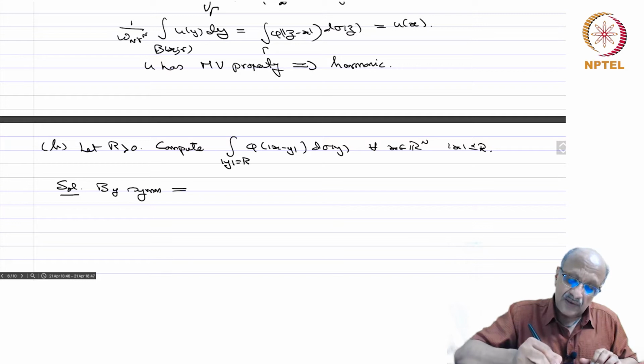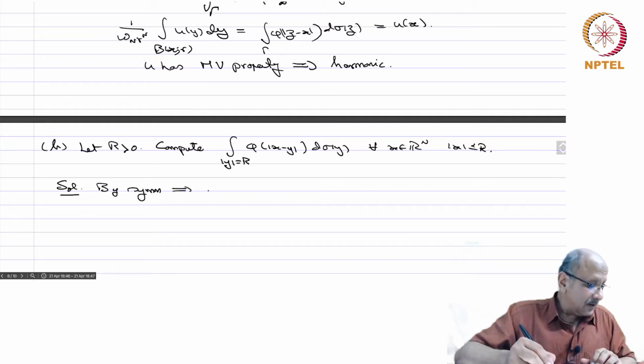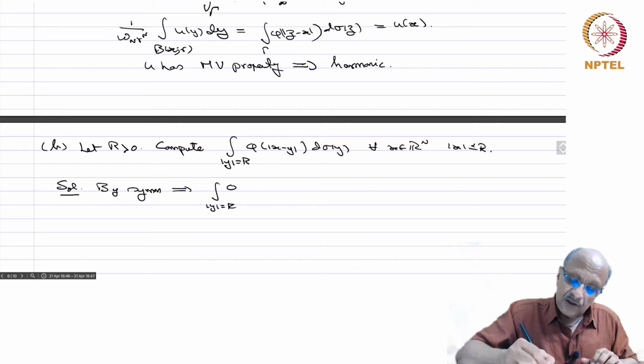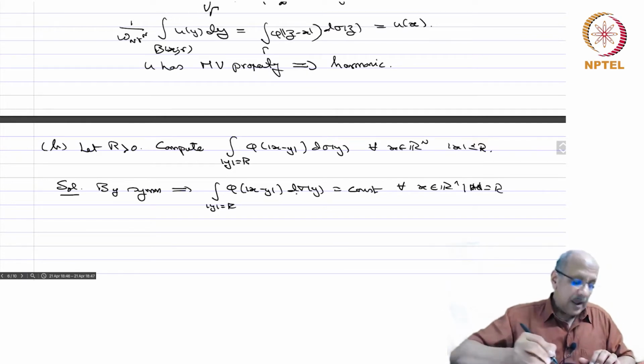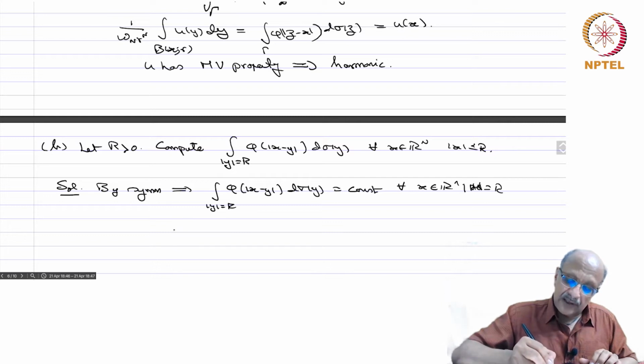So this implies that the integral over mod y equal to r of phi of mod x minus y d sigma y equals a constant for all x in Rn with mod x equal to r, by symmetry. And for mod x less than r, it is harmonic.